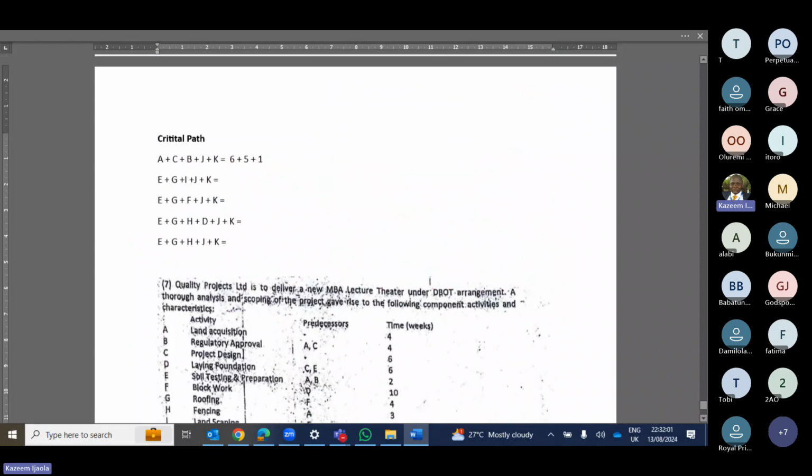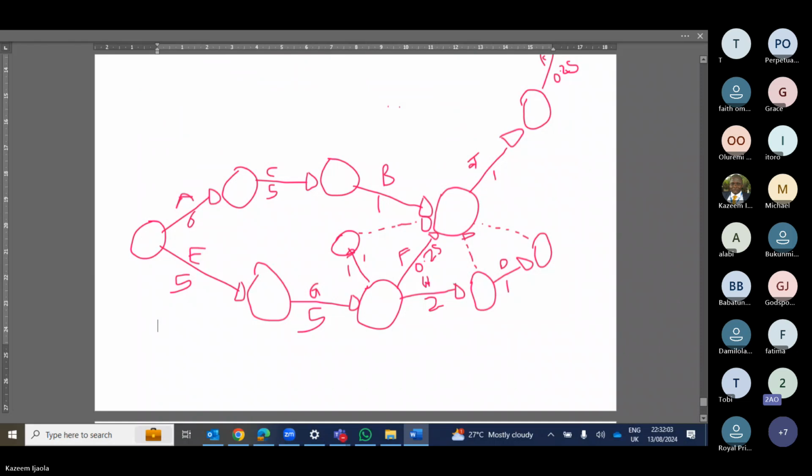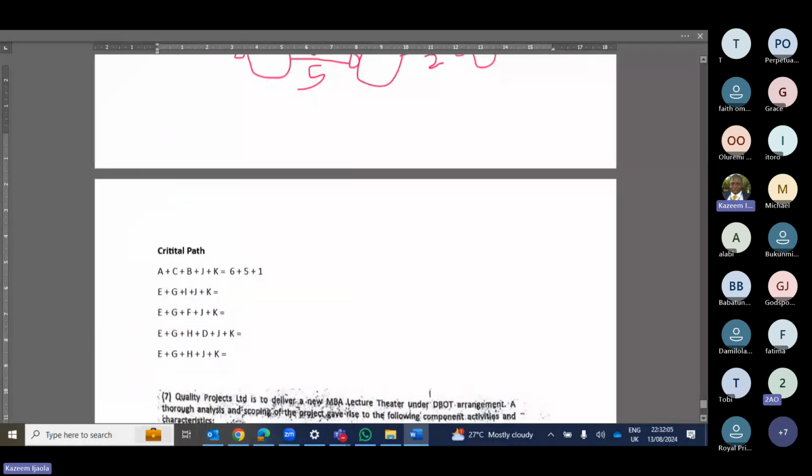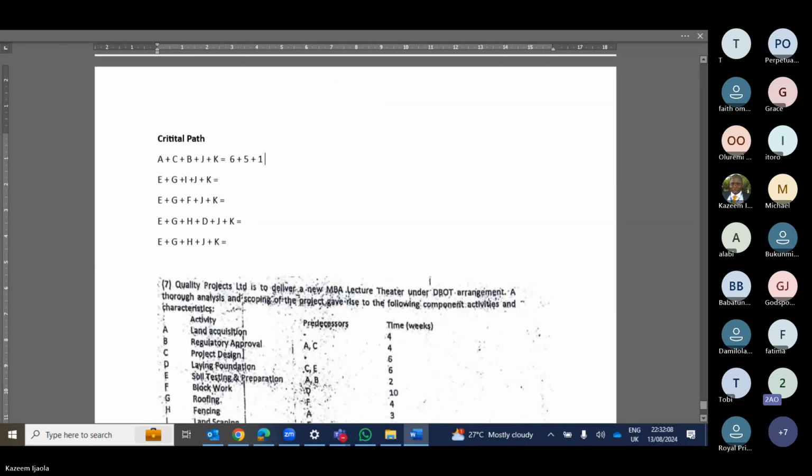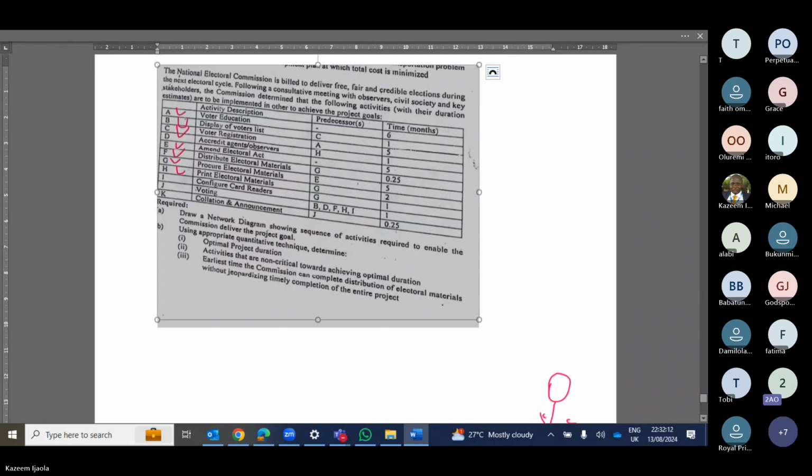Somebody raised a hand. Please speak. When they give us the time, at least it's in months. Are we not going to convert that 0.25 to days? Did they ask us to calculate it in days? The question says draw a network diagram showing the sequence of activities required to enable the commission deliver the project optimally.